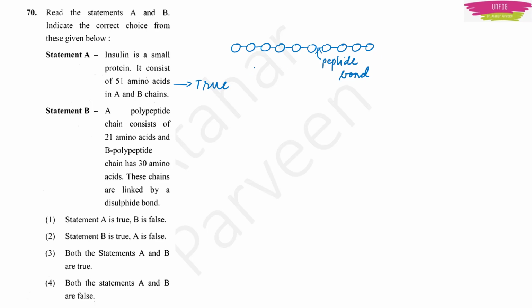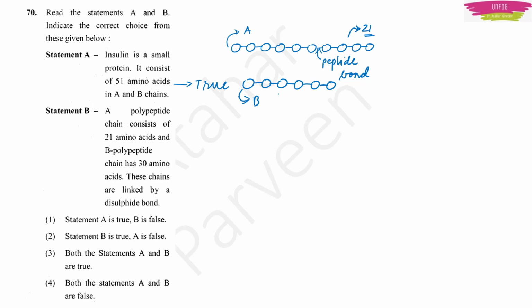Now this insulin is actually divided into two chains, chain A and chain B. Here one other chain will be there, and this chain will be known as the chain B. And in this chain A, there are actually 21 amino acids present. So 21 amino acids means 21 such balls will be present.